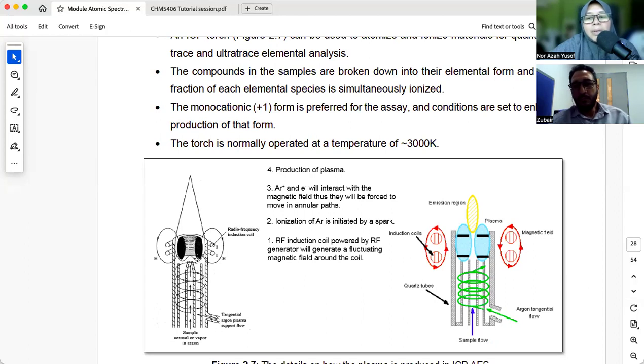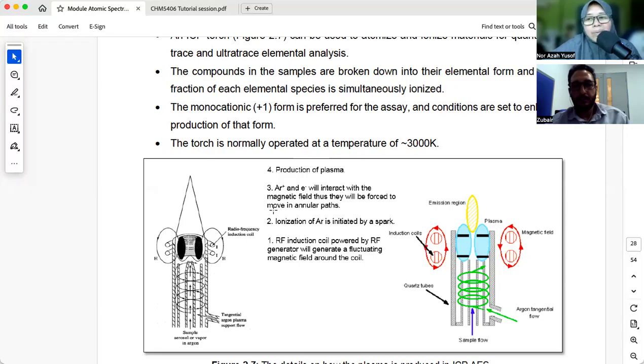So when the argon is ionized, you can see this will produce plasma. So plasma is actually heat, okay? And this process will generate a very high heat.